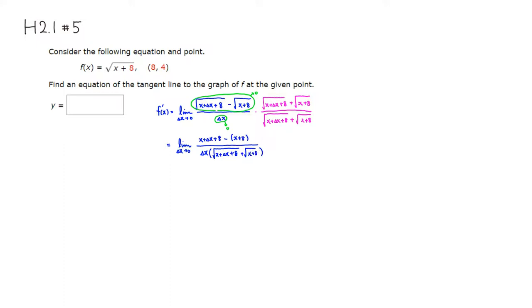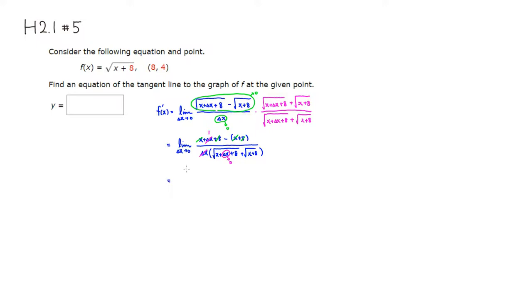Then we can cancel x minus x, 8 minus 8, and you have only a delta x left on top. So we can cancel delta x here and delta x there, and you get 1 left over. Then delta x is going to 0, so that term disappears.